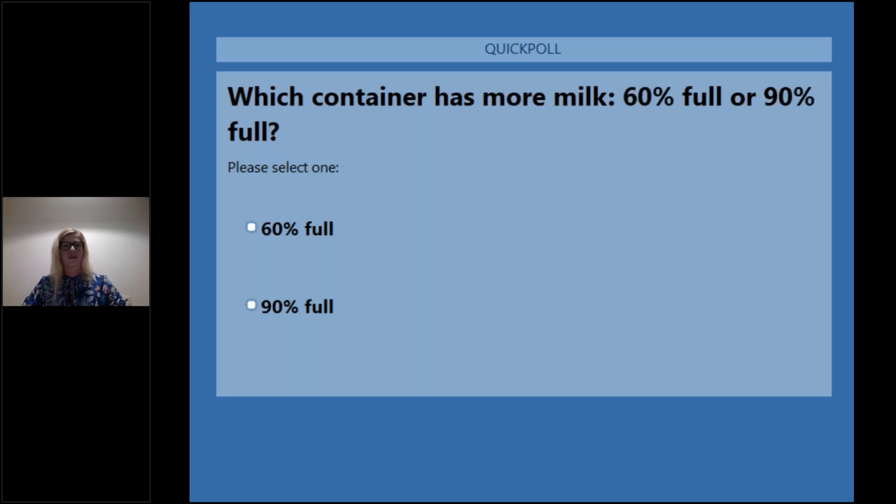So please pick your choice. If you think about the pictures of the containers, in your opinion, which one of them had more milk inside? Let's give a little time to answer.